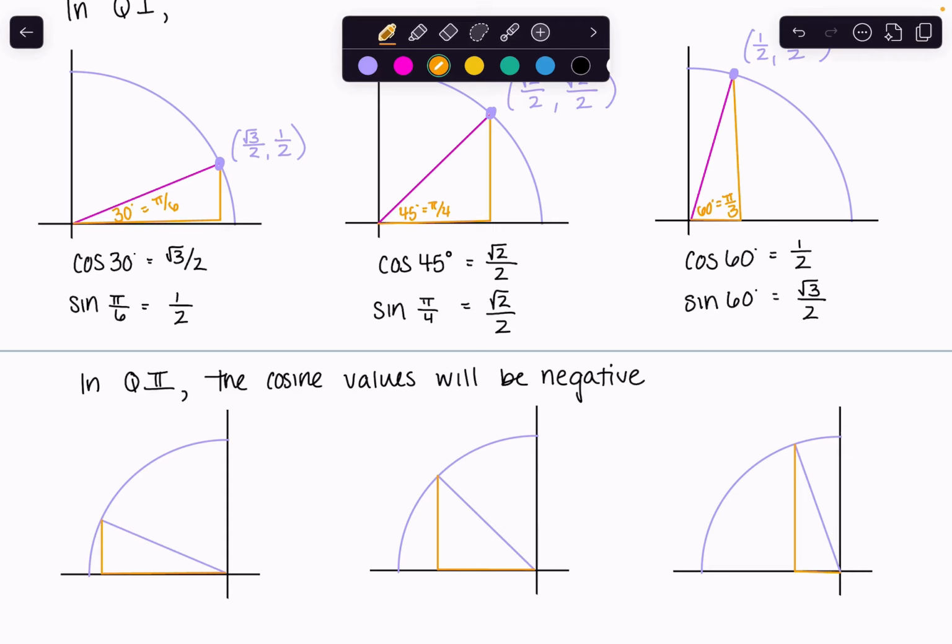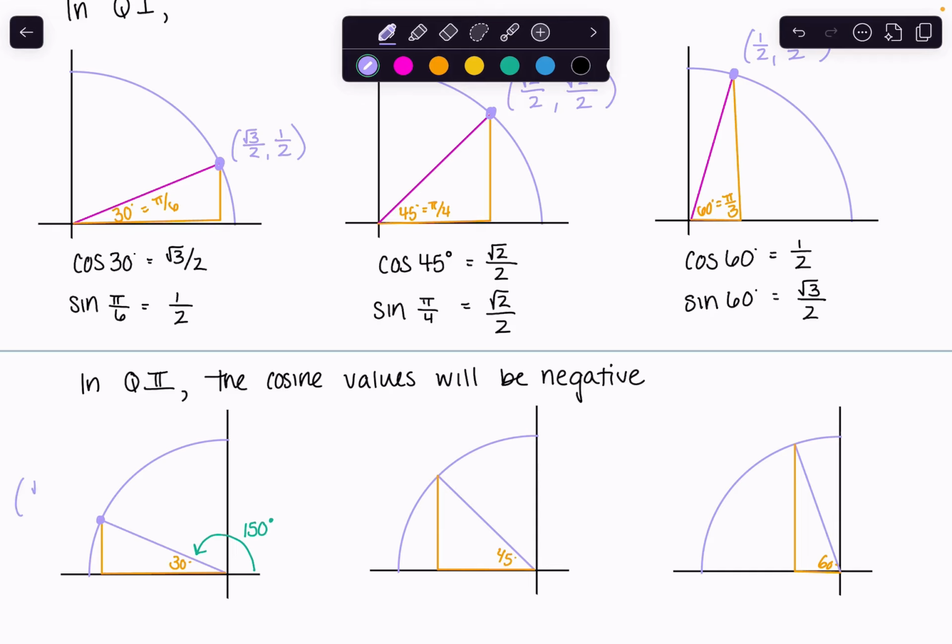So here, the reference angle would be 30 degrees, 45 degrees, and 60 degrees. I'm going to use degrees for the rest of these, and then when we actually build the full unit circle in one, I'll show you how to find the radians as well. But here, my actual angle that I'm working with, considering the positive case, would be I go 30 degrees back from 180, so this would be 150 degrees. So again, the points here do not change value.